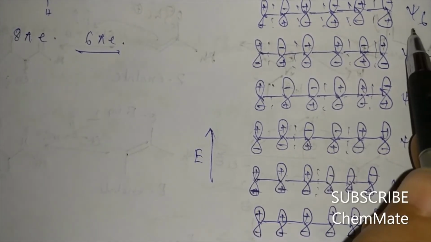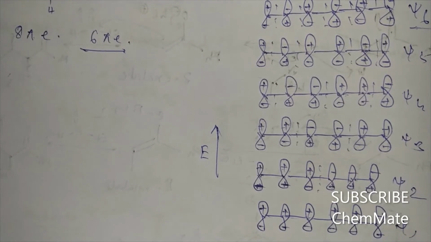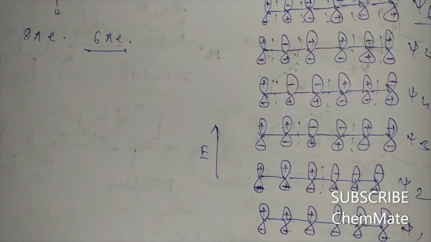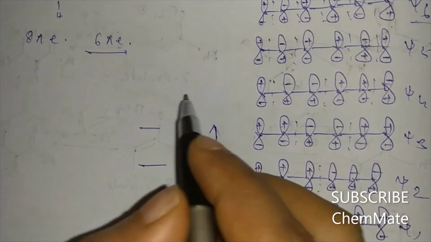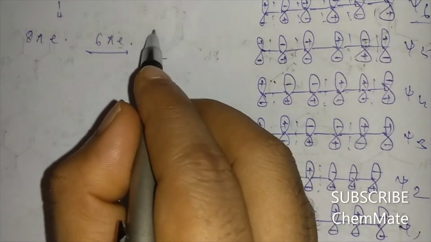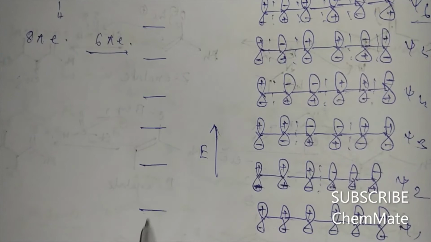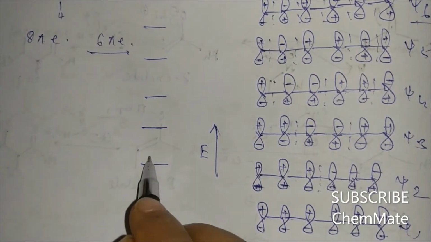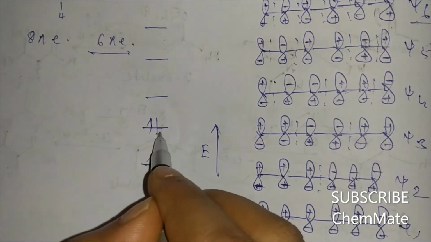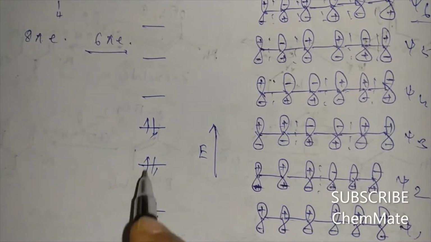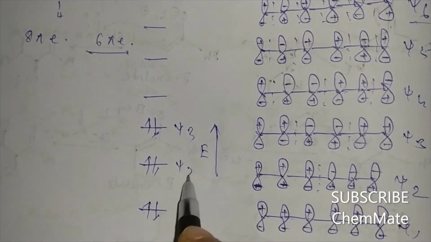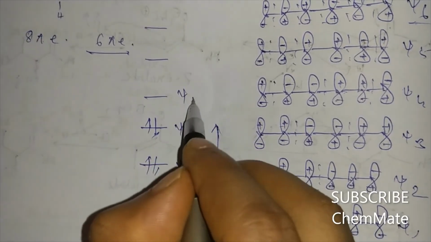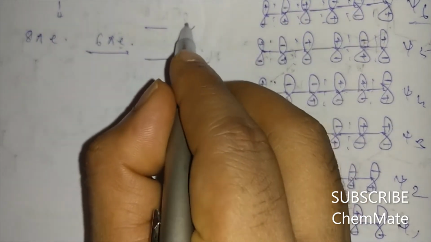So psi 6 is the highest energy, and if we see the electron distribution between these 6 molecular orbitals, then 6 electrons will go into the 3 lower energy molecular orbitals. So this is psi 3, psi 2, psi 1, psi 4, psi 5, psi 6.